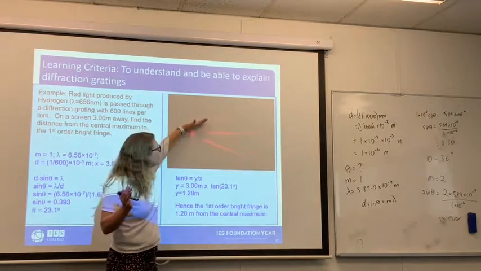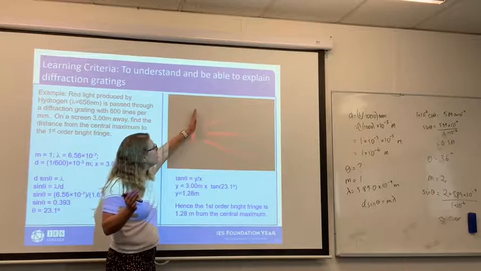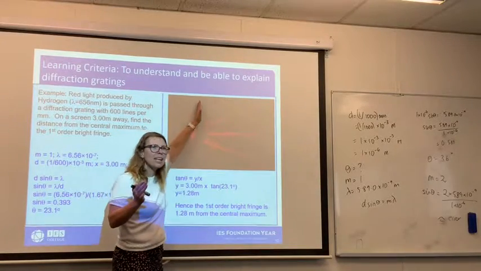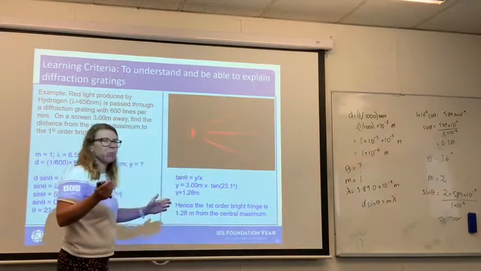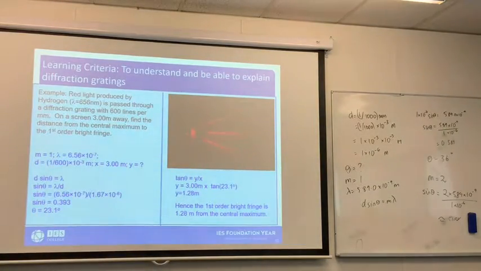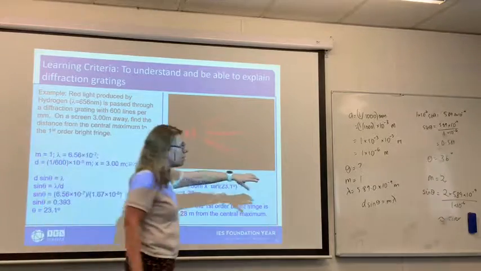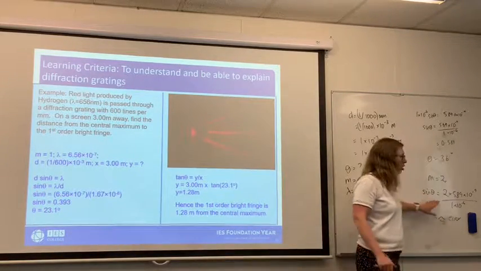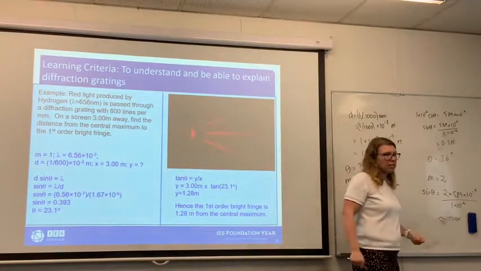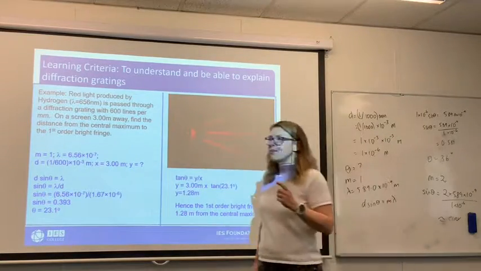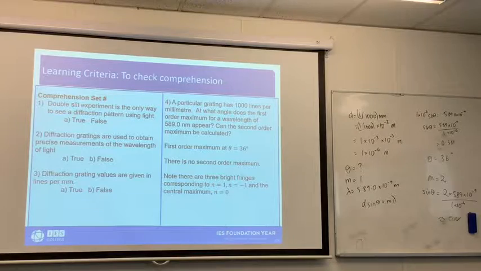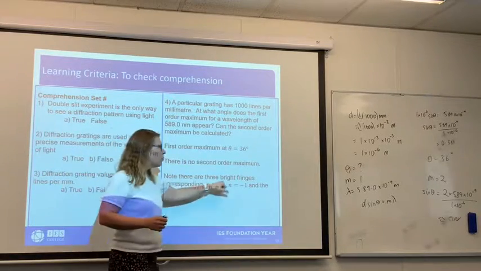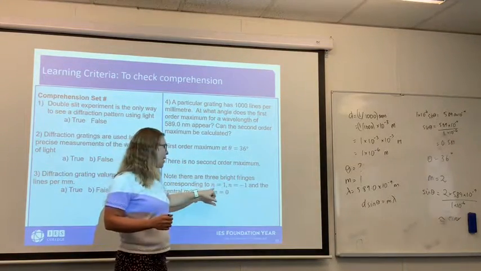Once it diffracts and bends, the next light could be diffracted to the boundary surface. So there is no second. There is no second. So if you type this into your calculator, you will end up with an error. It doesn't exist.